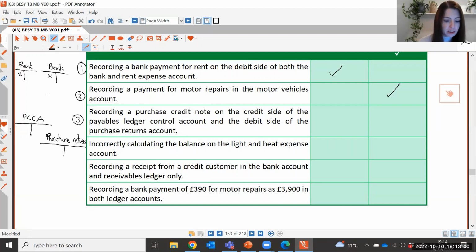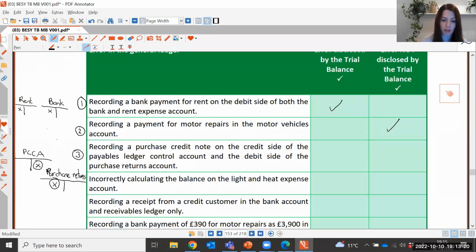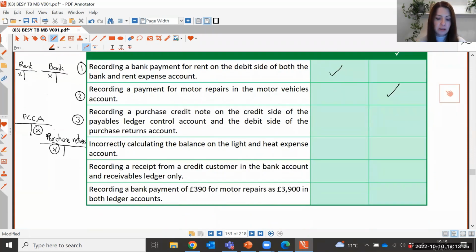Here we've got an equal credit and an equal debit. So therefore, the error is not going to be disclosed by the trial balance. What they've actually done is a reversal of entries here.